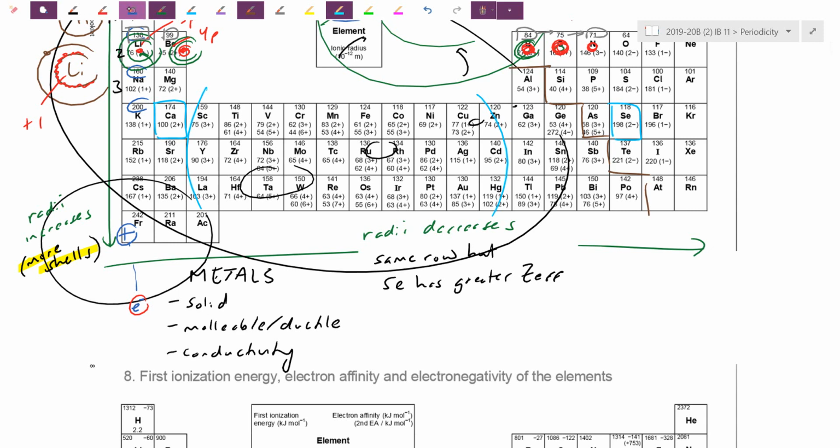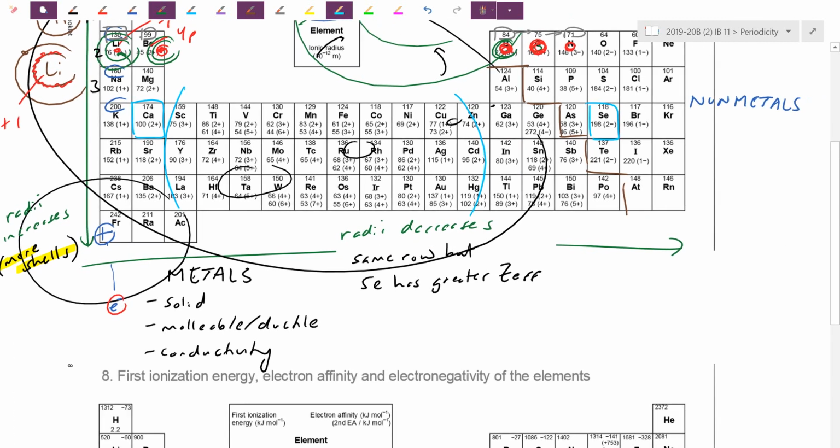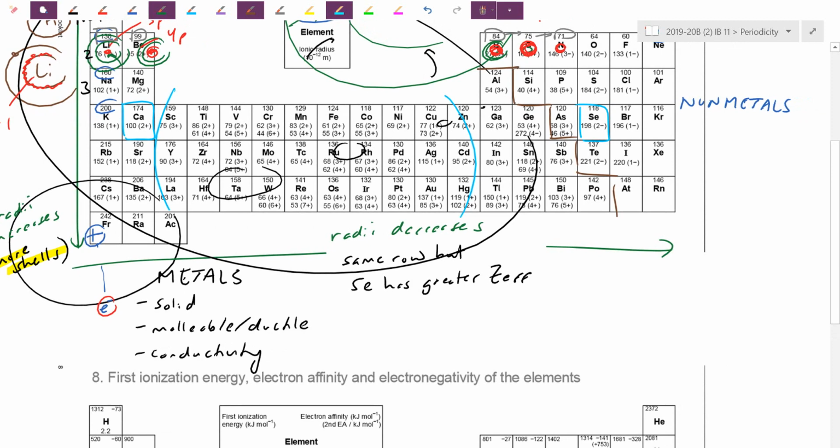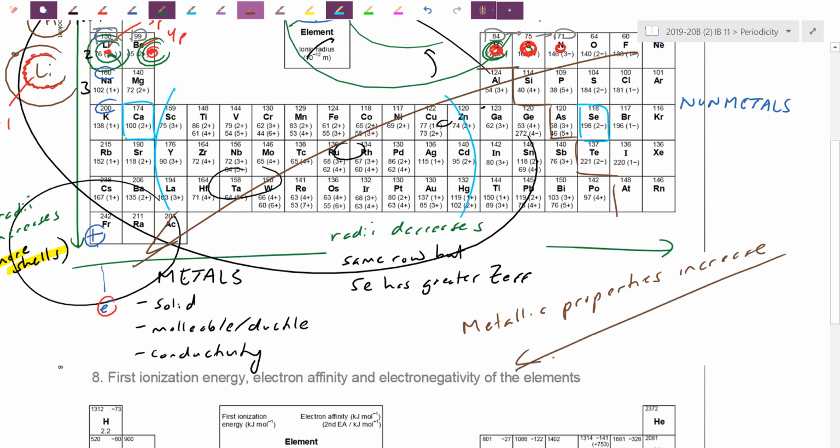So one property that's just sort of generic here, based on how we define metals on this side and we have non-metals on this side, we can talk about a property called metallicity, so how metallic something is. Basically you can put an arrow here that says metallic properties increase in that sort of diagonal downwards direction, because that's pointing towards the most metallic atom, which is francium.